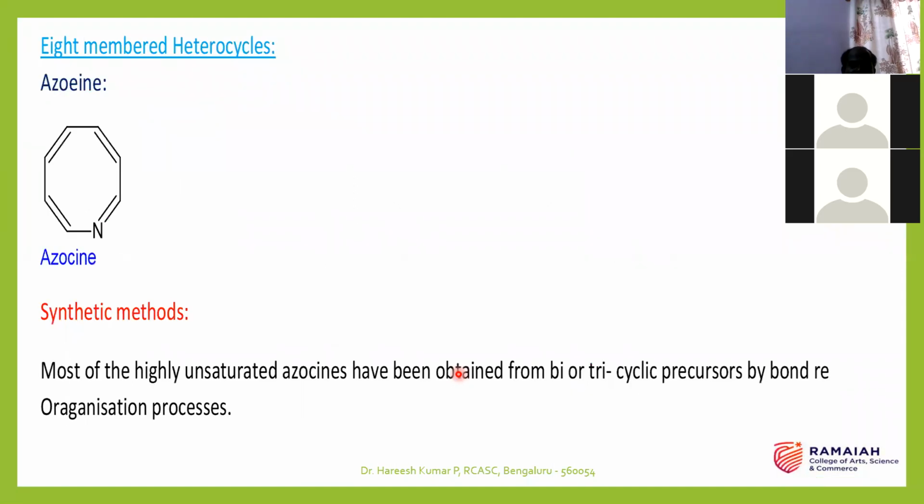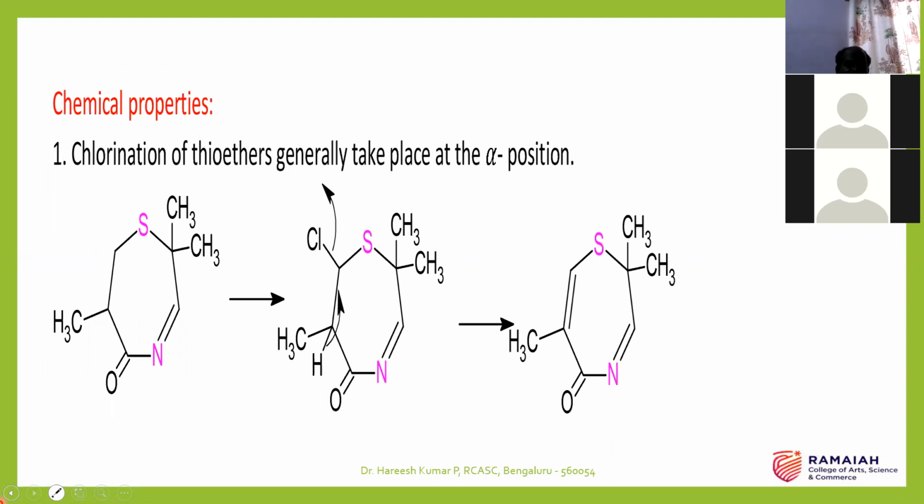Up to this we discussed the 7-membered rings: 7-membered rings containing one nitrogen, 7-membered rings containing two nitrogens, and 7-membered rings containing oxygen. A 7-membered ring with nitrogen is called azepine, with oxygen is called oxepine, and with sulfur is called thiepine. So the synthesis and chemical reactions of oxepine, azepine and thiepine we discussed.